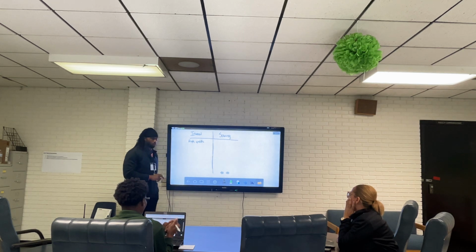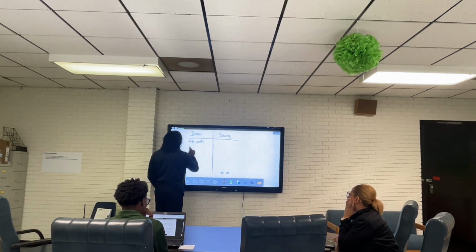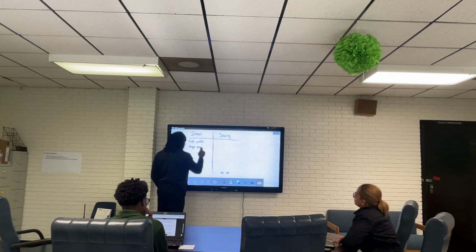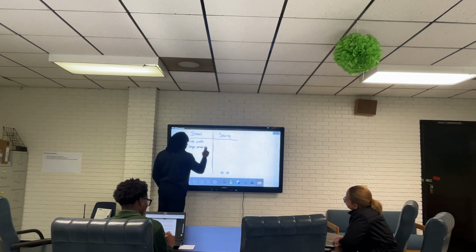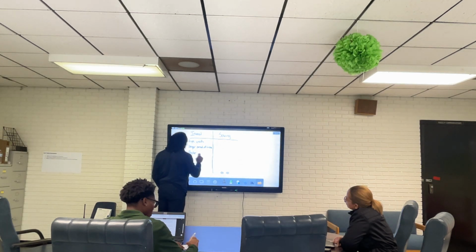Usually investment is done over a longer period of time. And it is more risky. So higher yields, higher risk, longer term.